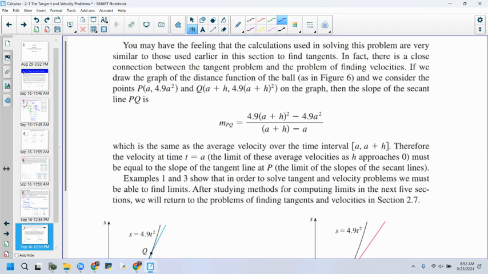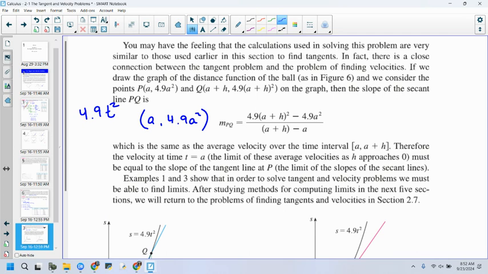If we draw the graph of the distance function of the ball, and we consider the points a and 4.9a squared, that's just like our plugging it in, right? Our function was 4.9t squared. Just use a, input a, output 4.9a squared.